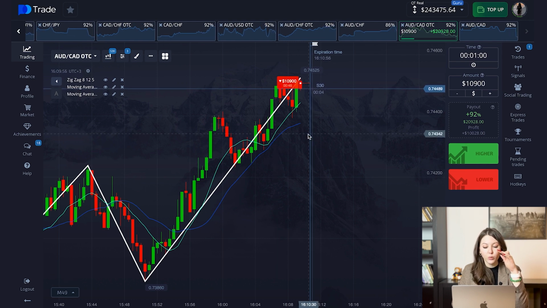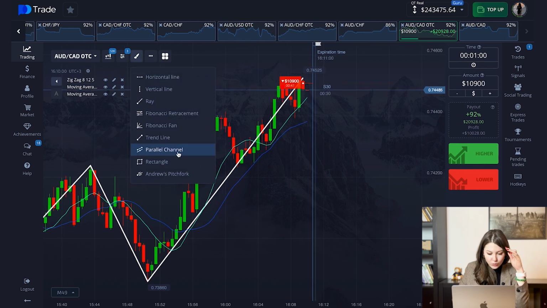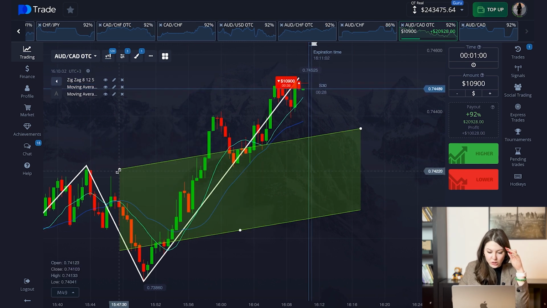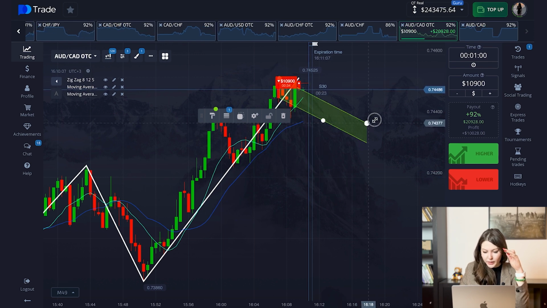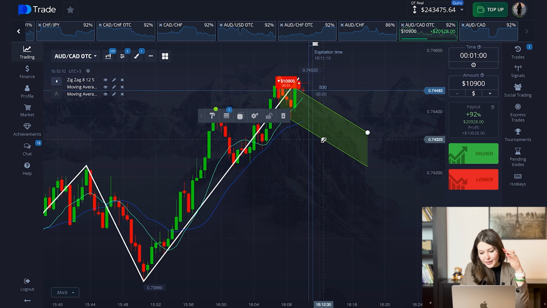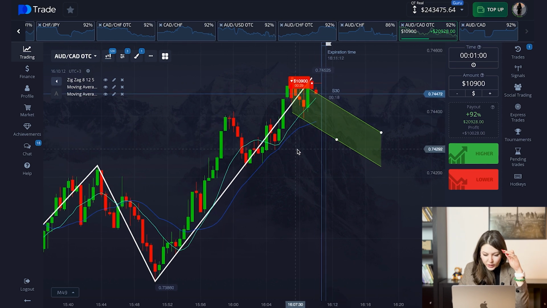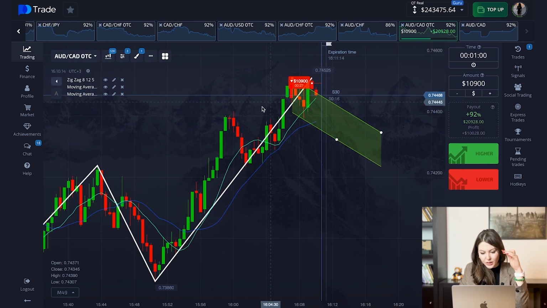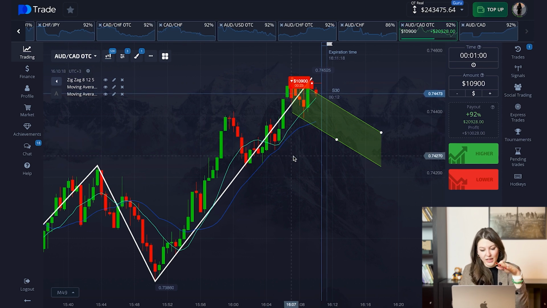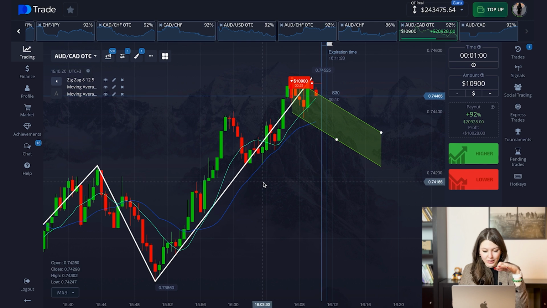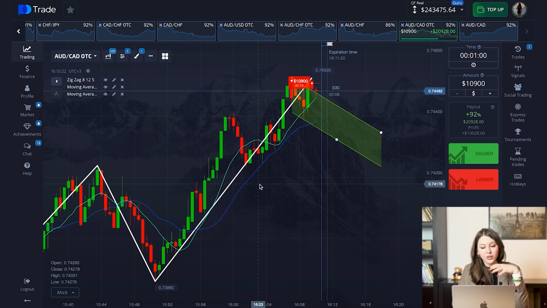So now our movement is gonna go downwards, and we can see it with a parallel channel first. As you can see, from this point we're already going down, and also we have a support zone right here that we're testing. We have a lot of support zones to test in this period, in this asset, so for sure we're gonna test it.